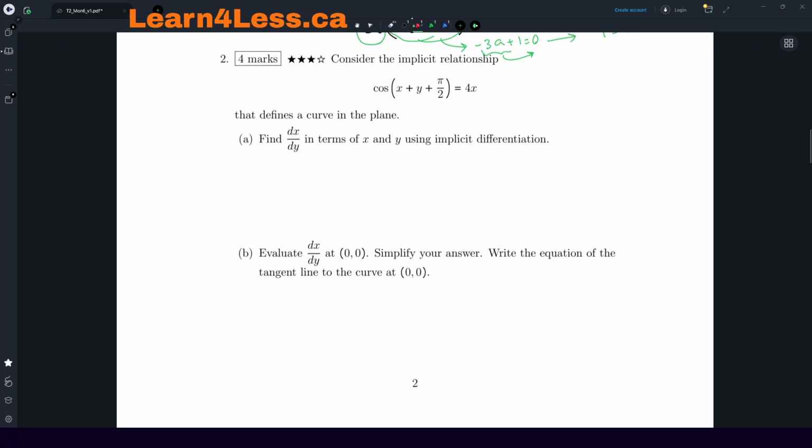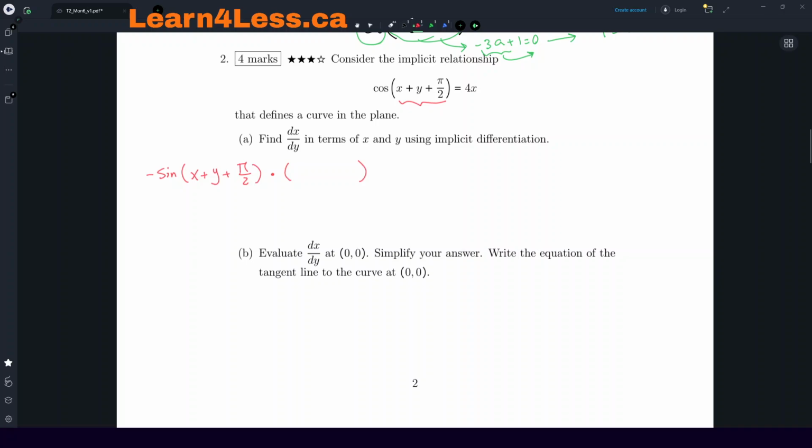Here you have cos of a function, so it would be chain rule. The derivative of cos is negative sine, regardless of whether it's with respect to x or with respect to y. It would be negative sine of x plus y plus pi over 2. Now that we took care of the derivative of cos, we multiply that by the derivative of the inside, which means this part.